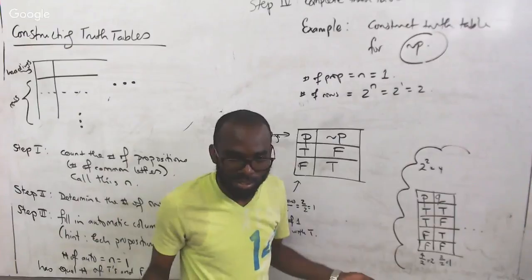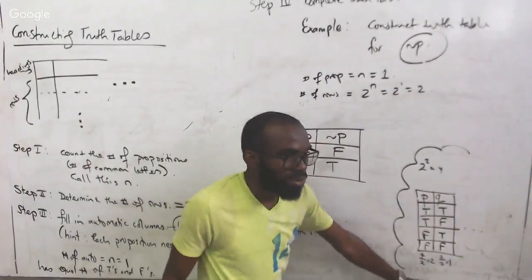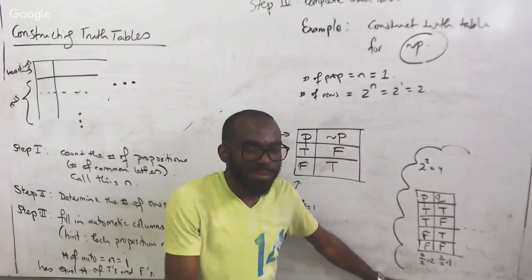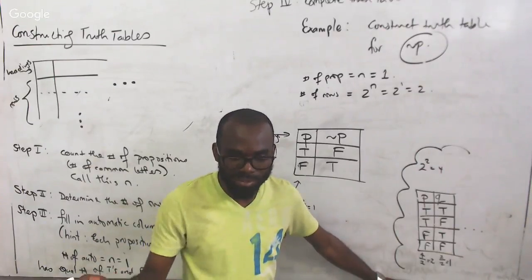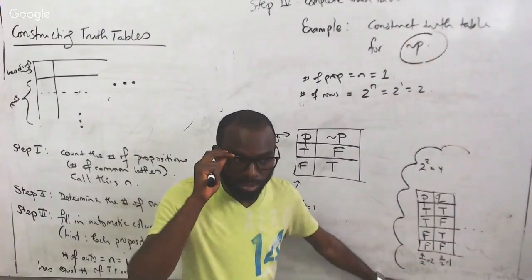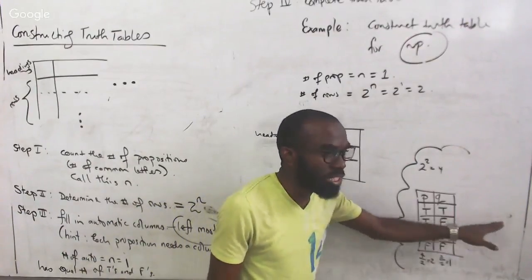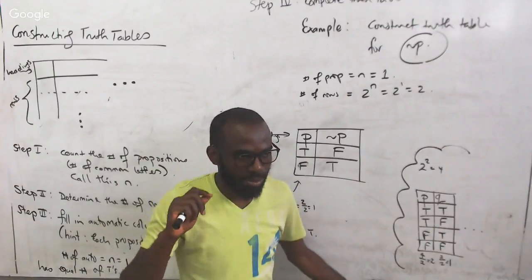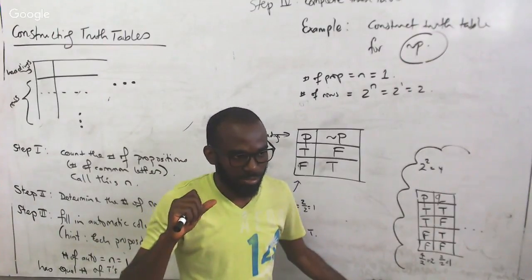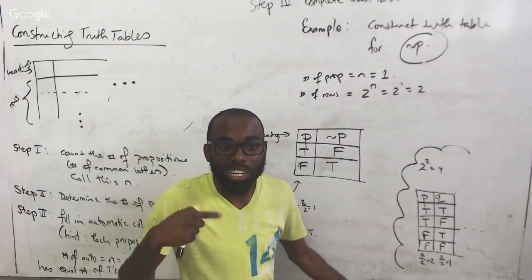You see? So when I do it like this, 2 things happen. I'm getting all my possible scenarios, so I'm exhausting my options, and I can tell you about each of those options. And that is what this truth table is all about. There's an easy way to be logical.